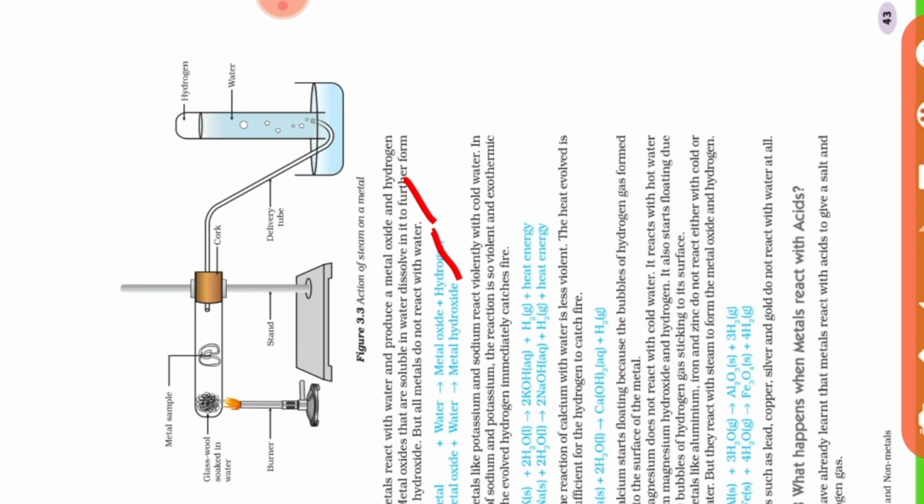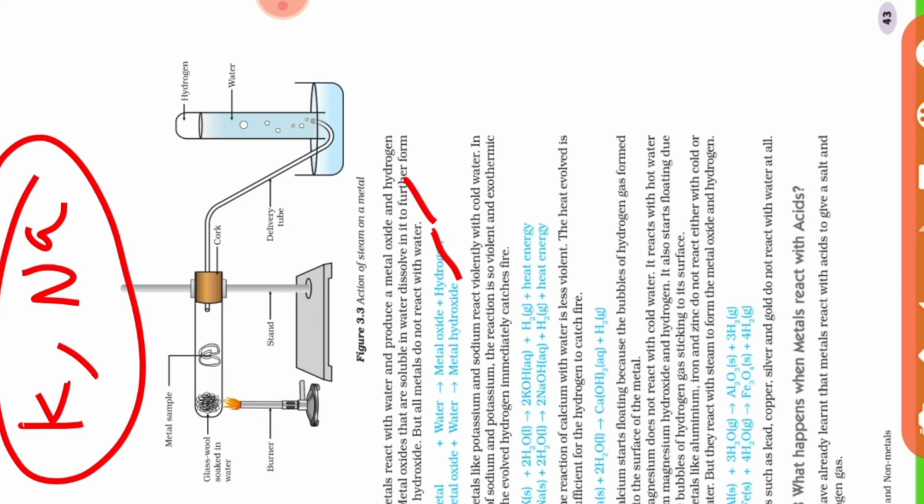Now one thing we know very well: potassium and sodium are very reactive metals and they react very violently with cold water. In sodium and potassium the reaction is so violent and exothermic that they can easily catch fire, so we usually keep these metals in kerosene oil.